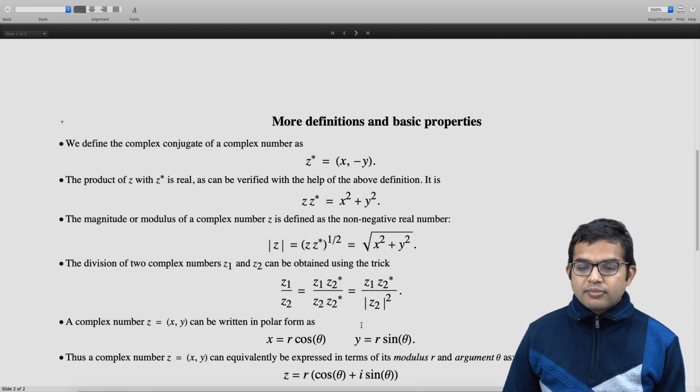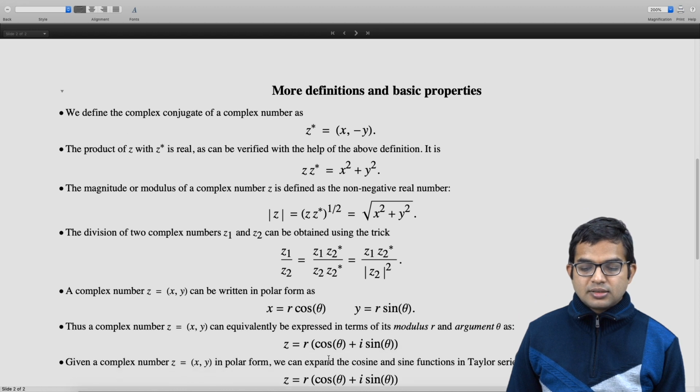And so this modulus of z is the same as the radius of the vector corresponding to the complex number that you're thinking about. And so you can basically write down your complex number z as r times cos theta plus I times r sin theta, because the real part is just r cos theta and the imaginary part is r sin theta.